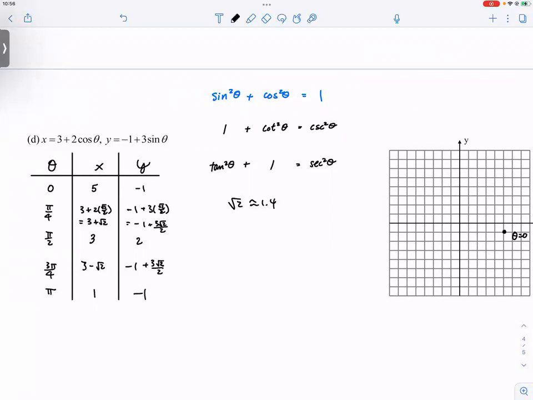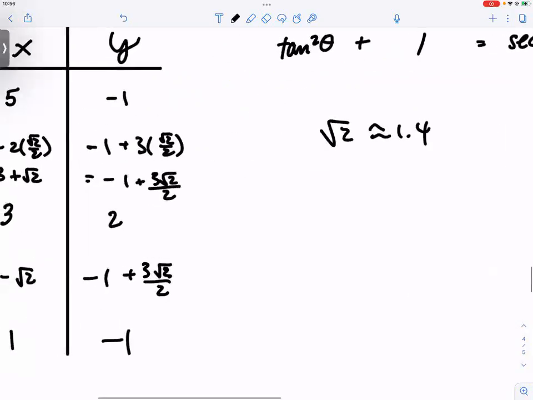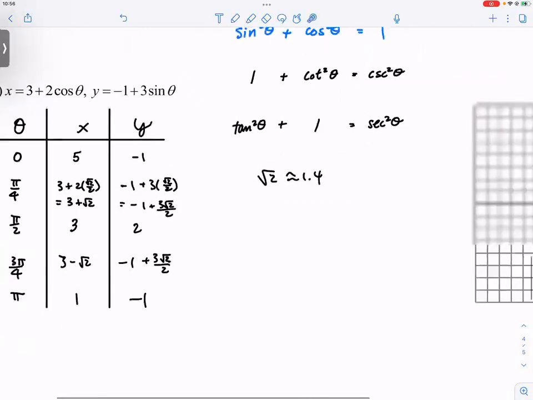For theta equals pi over 4, the x value would be approximately 4.4. The y value: 1.4 divided by 2 is 0.7, times 3 is 2.1, and 2.1 minus 1 is 1.1.